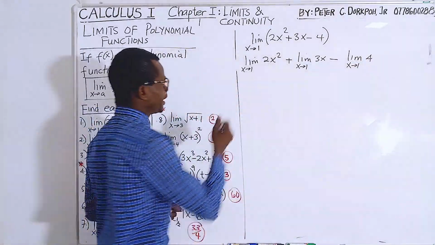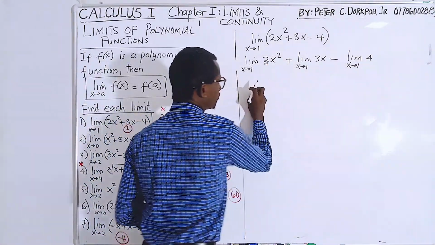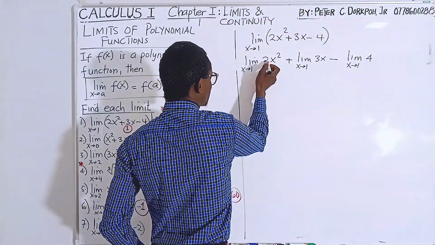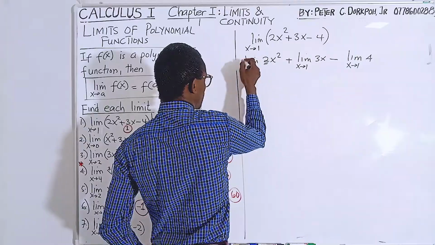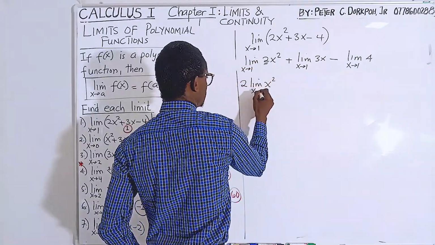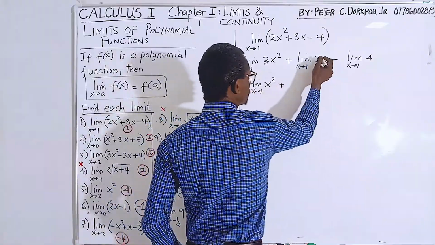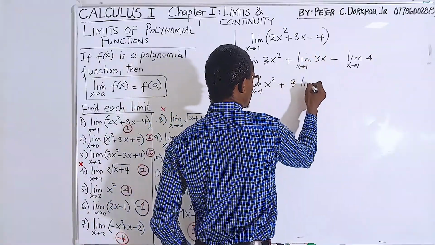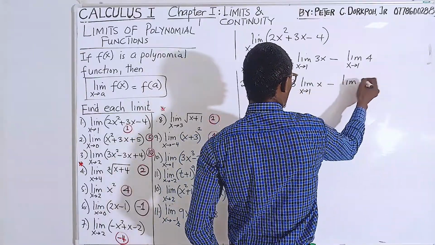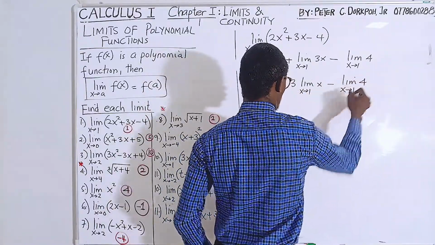Then again, you further apply the limit rules. This one is the scalar multiple rule, which means you must send this 2 across. You have 2 times the limit of x squared as x is approaching 1, plus you send this 3 across, 3 times the limit of x as x is approaching 1, minus the limit of 4 as x is approaching 1.